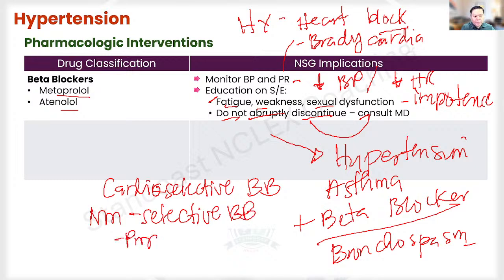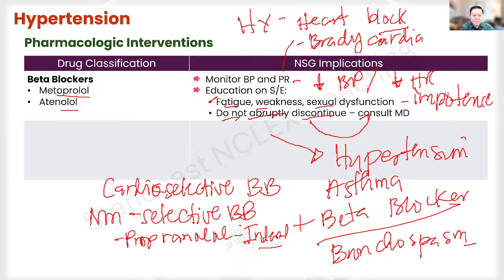Okay, let me put here propranolol or the Inderal. So when we're talking about the non-selective beta blocker, it can reduce the blood pressure. It can stimulate those receptors that will cause a vasodilation, but also it can trigger the receptors in the lungs.